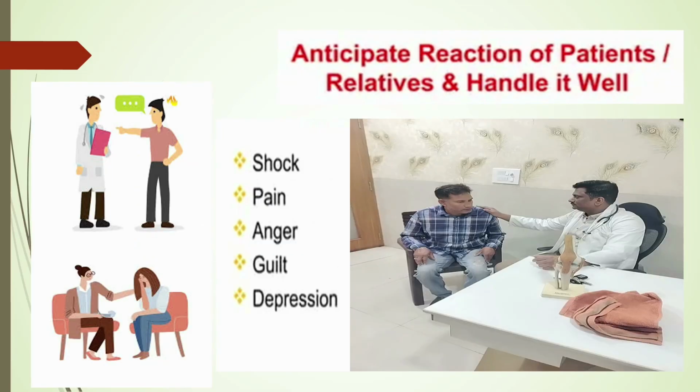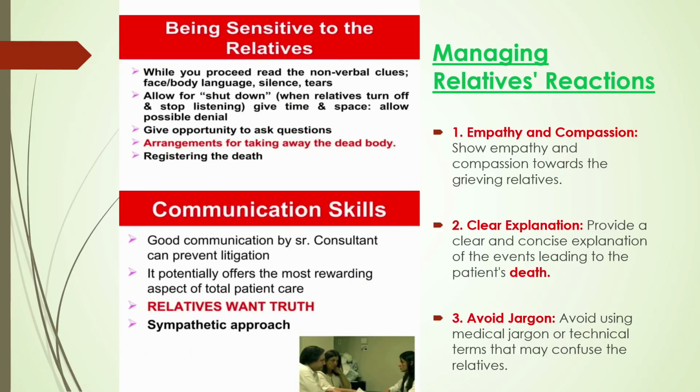The most important thing is how to react to the reaction from the relatives, because the relatives may react in shock, anger, guilt and depression. So it is very important to manage the relatives' reaction.